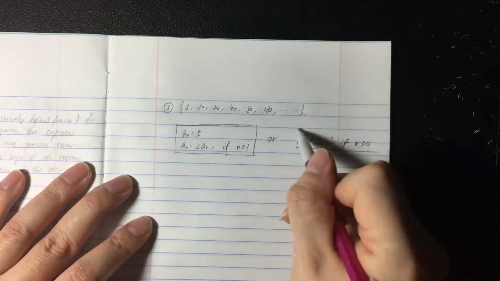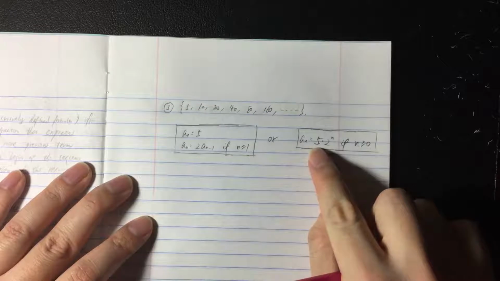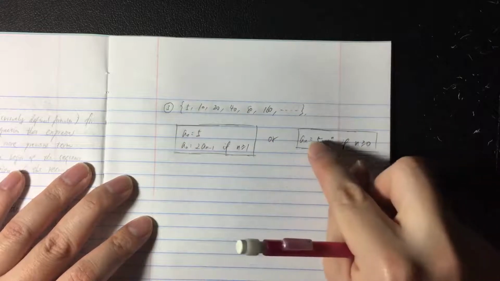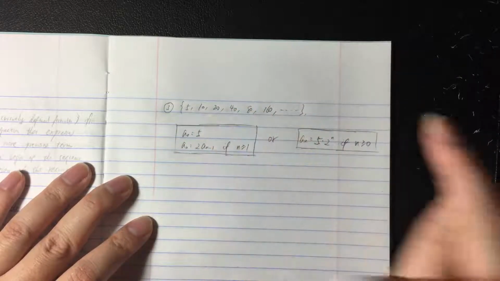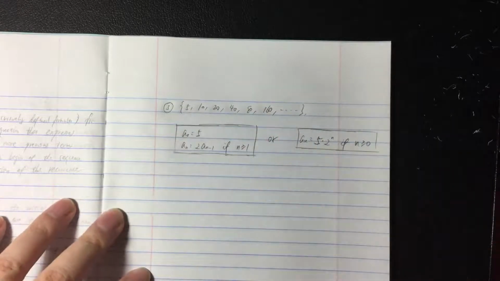That's the closed formula for this sequence. When n is 0, 5 times 2 to the power 0 is 5. When n is 1, 5 times 2 to the power 1 is 10. When n is 2, 5 times 2 to the power 2 is 20.